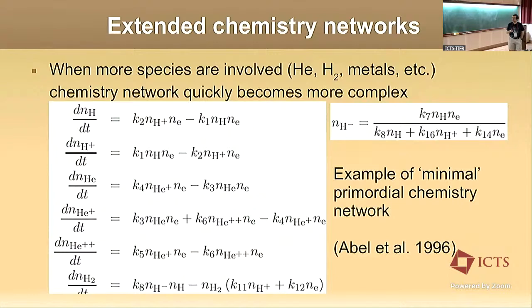And what makes things even worse is that it's not one equation typically. If you really want to do the full job, you need to solve many equations because it's not just hydrogen. We already had the hydrogen, right? But you can have other pieces like ionized hydrogen, or you can have helium, ionized helium, twice ionized helium, hydrogen molecules, and then you can have also metals, all sorts of other heavier elements, and it very quickly gets very complicated.